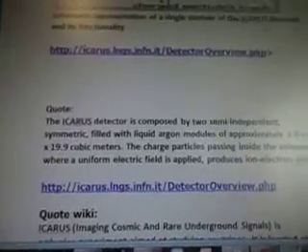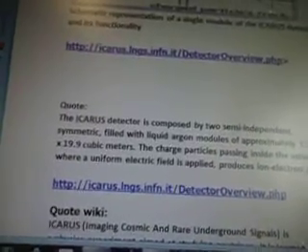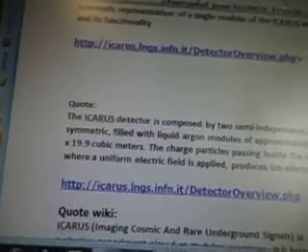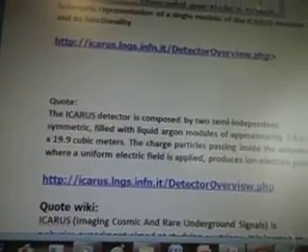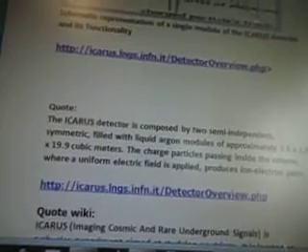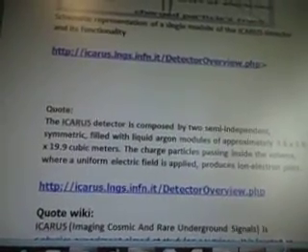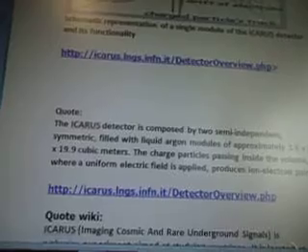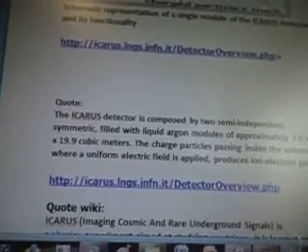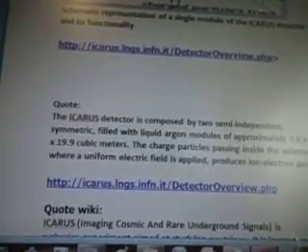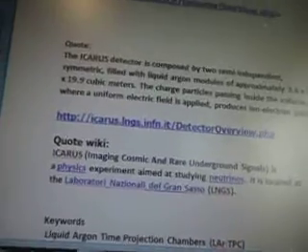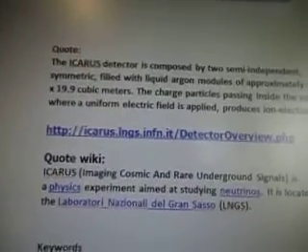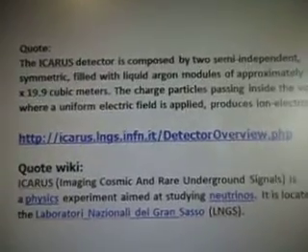And quote, the ICARUS detector is composed by two semi-independent symmetric modules filled with liquid argon, of approximately 3.6 by 3.9 by 19.9 cubic meters. The charged particles passing inside the volume, where a uniform electric field is applied, produce ion-electron pairs. And that's from icarus.lngs.infn.it, detectoroverview.php.